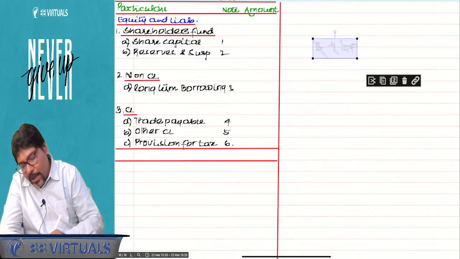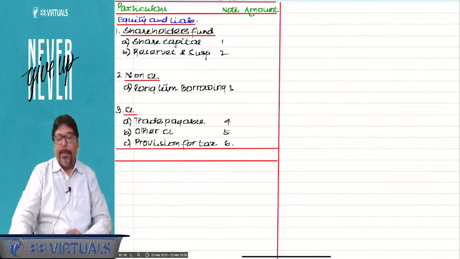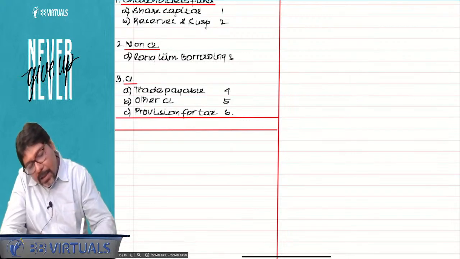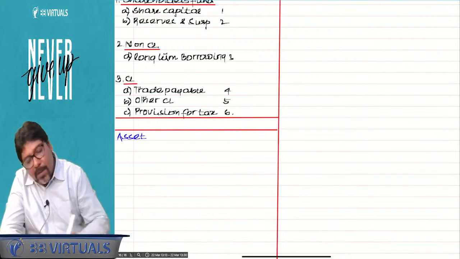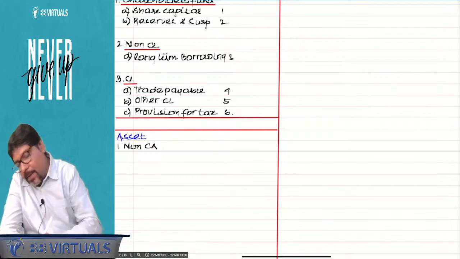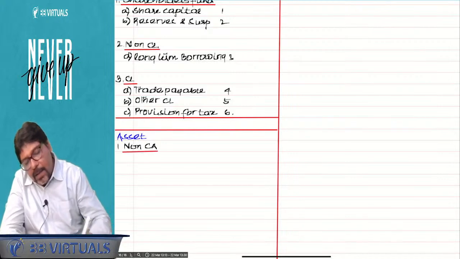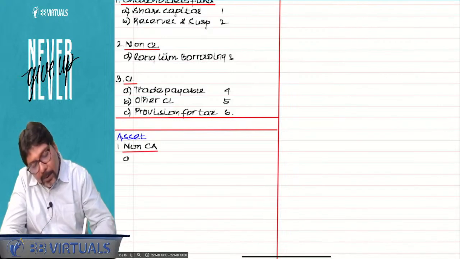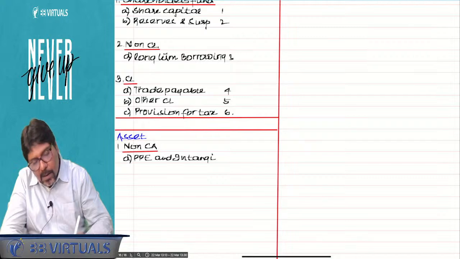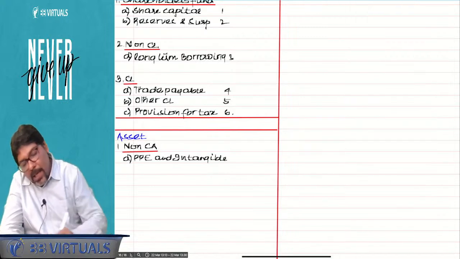Correct? Yes, sir. Then we will come to assets. In assets, number one, non-current assets. In non-current assets, A, PPE and intangibles.